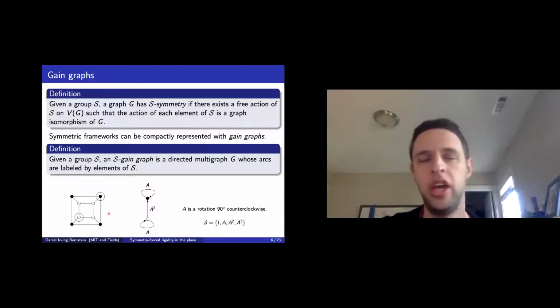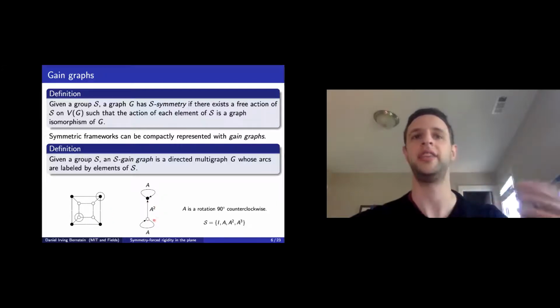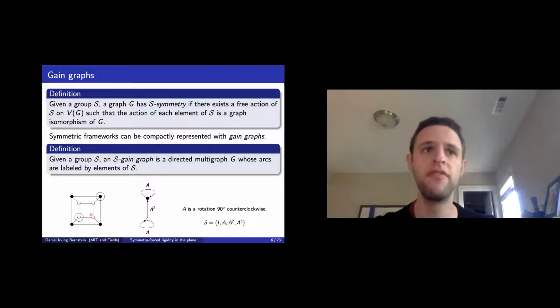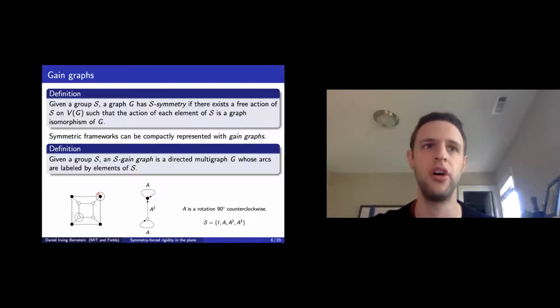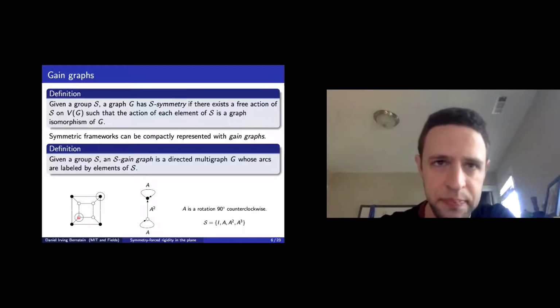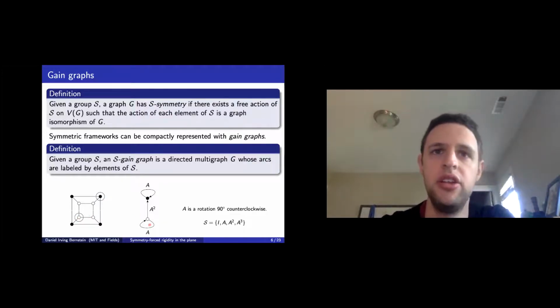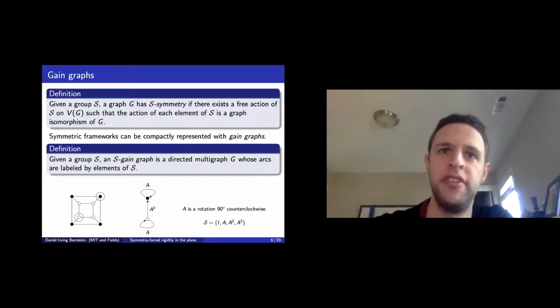And the way you assign arcs and gain labels from the symmetric graph involves an arbitrary choice. You begin by choosing some representative of each vertex orbit. So I'll choose the circled black vertex and the circled white vertex as my vertex orbit representatives. And notice I have in the gain graph representation here an arc labeled a squared, where a is the 90-degree rotation, from the white vertex to the black vertex.